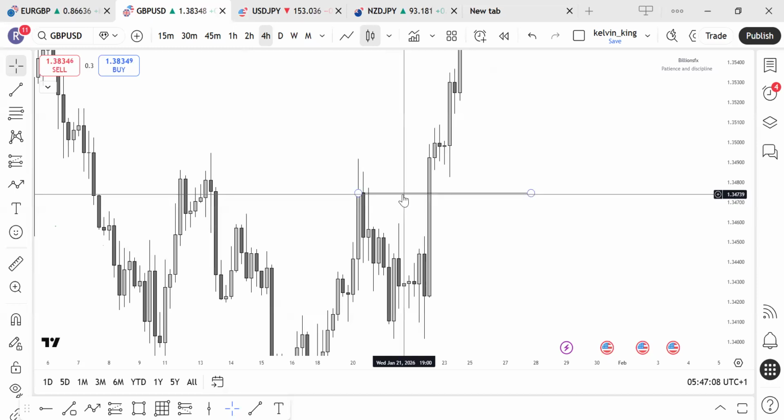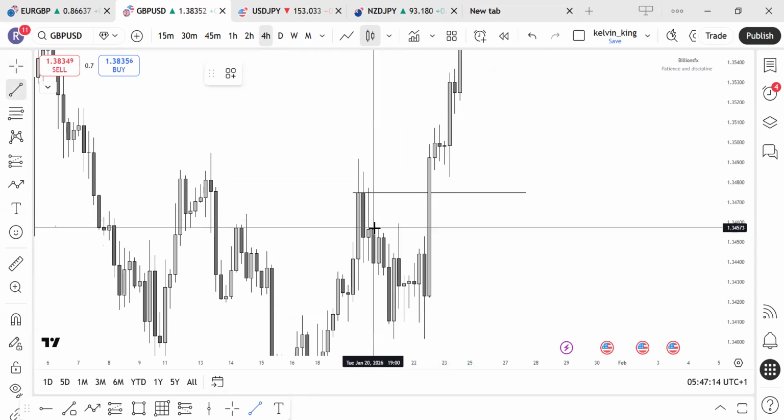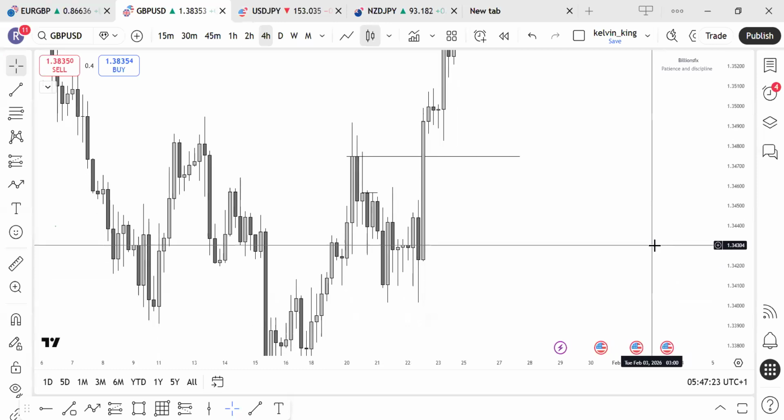Also here, there was a third candle rejection. But you see that price failed to pick it. So it can happen that price is going to create an entry, but it will not come back to pick it. So in those situations, we have a missed entry. So missed entry is also very, very possible.